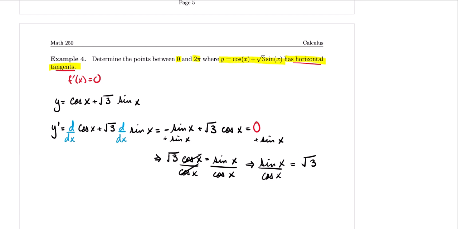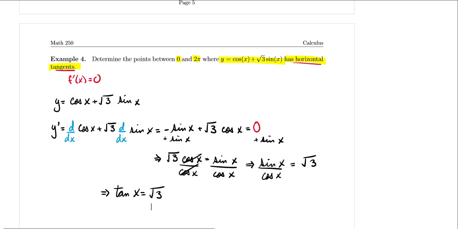Now at this point, you do recognize that we have sine of x over cosine of x, which is exactly the same thing as the tangent of x is equal to the square root of 3. Now the question is basically asking us, for what angles is the tangent equal to the square root of 3? For this one, you can go ahead and reference a unit circle.